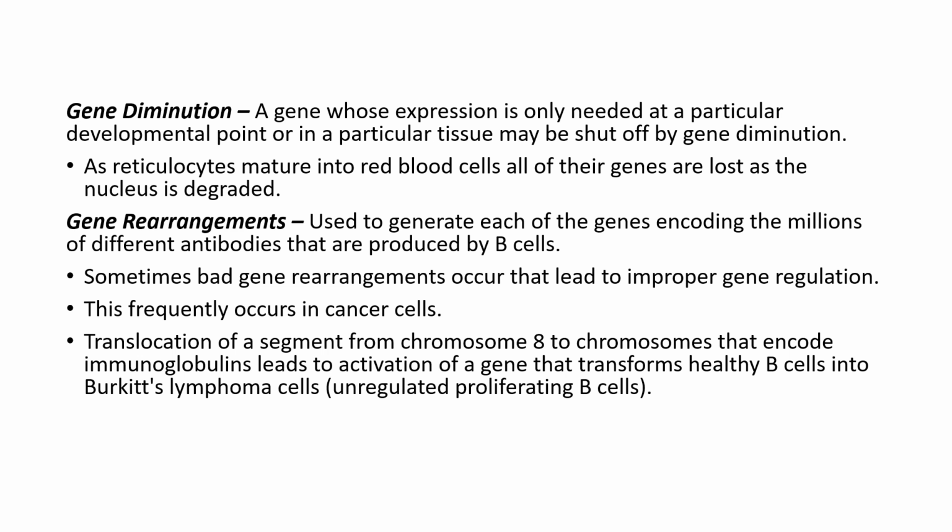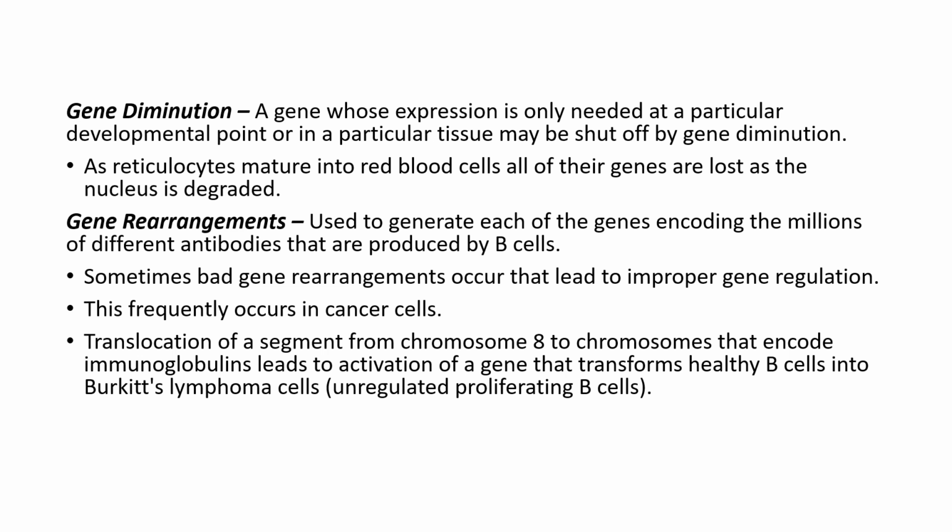Then we have gene rearrangements, which are used to generate each of the genes encoding the millions of different antibodies that are produced by the B cells. This is a phenomenon that is particular to the white blood corpuscles. And sometimes the occurrence of a bad gene rearrangement may lead to improper gene regulation.